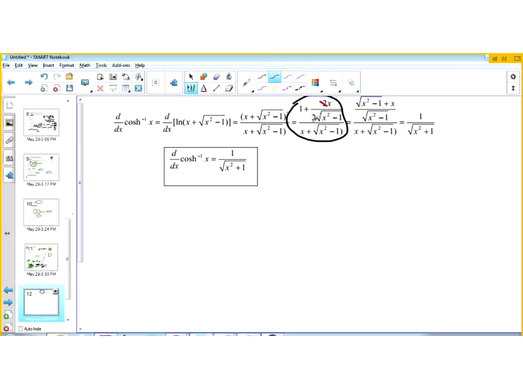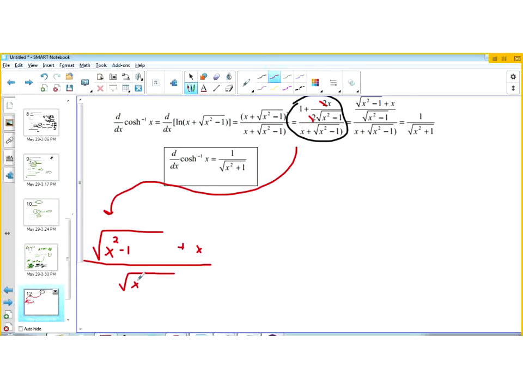So the 2's will cancel here. Coming down here, I'll have the square root of x squared minus 1 plus x, all of that over the square root of x squared minus 1. So that's the numerator, and then we don't touch the denominator.